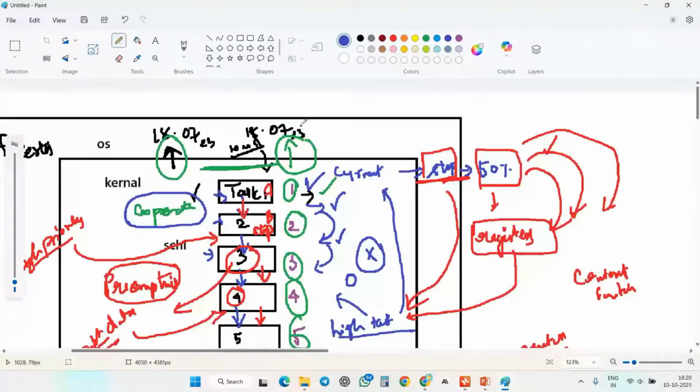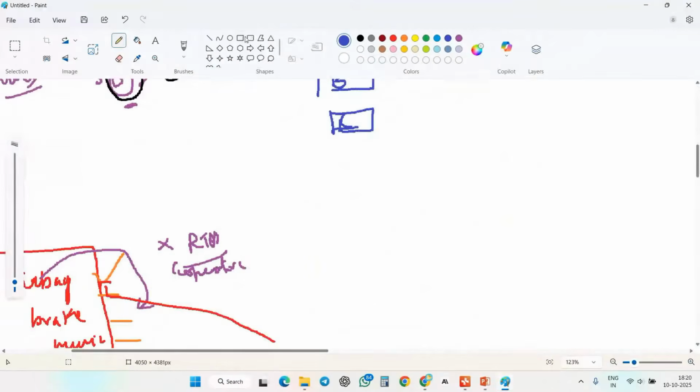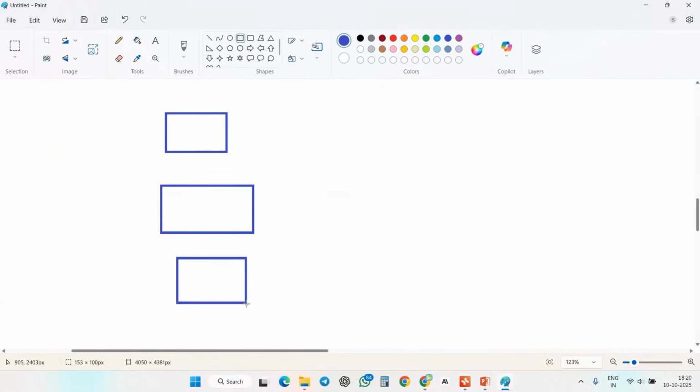So here, guys, we already discussed the mutex. What is meant by mutex? Task A, task B, task C: this is how they are allocated in your operating system.